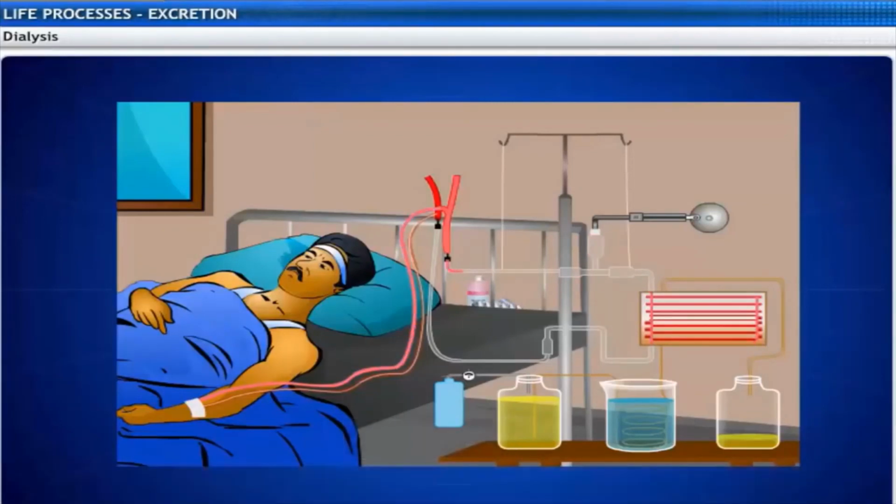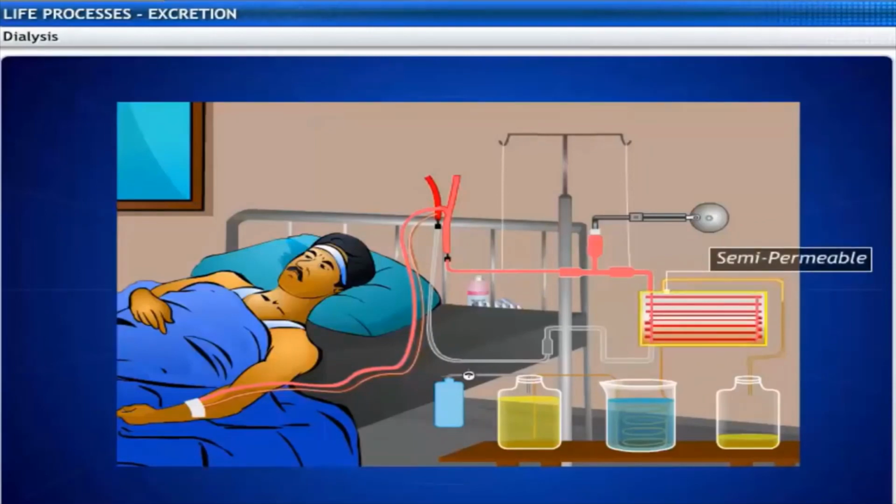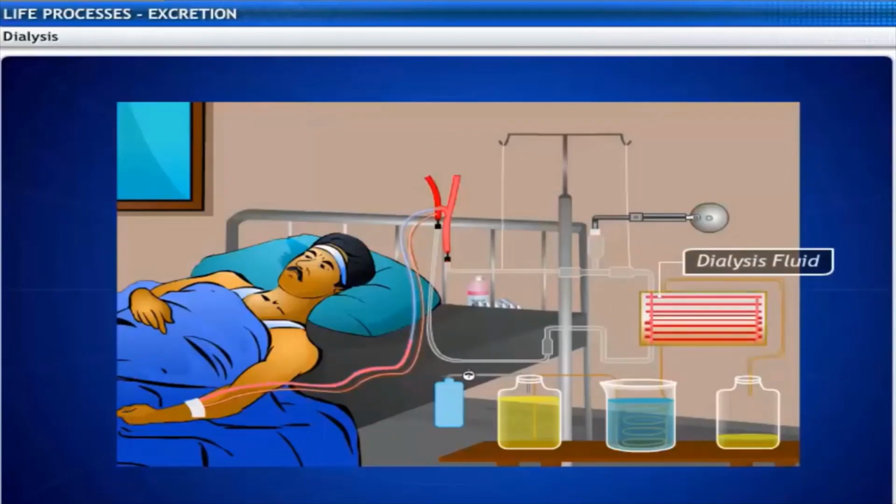An artificial kidney contains a number of tubes with a semi-permeable lining suspended in a tank filled with dialyzing fluid. This fluid has the same osmotic pressure as blood, except that it is devoid of nitrogenous wastes.